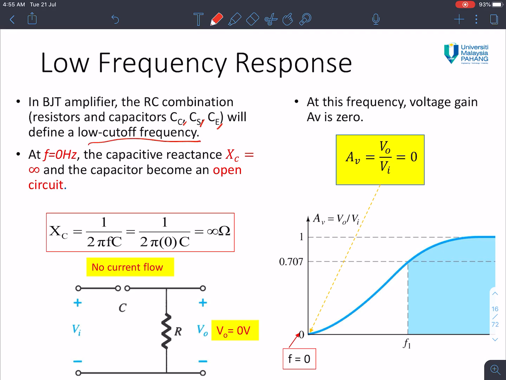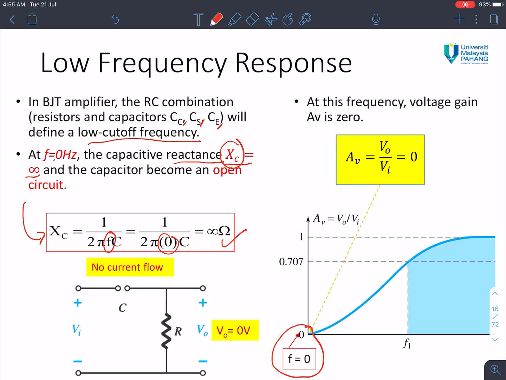At frequency equal to 0, the capacitive reactance XC becomes infinite and the capacitor becomes an open circuit. XC is equal to infinity when F equals 0. See this equation: when the frequency is 0, we divide 1 over 0, we get infinity. So when the reactance is infinity, it becomes an open circuit.